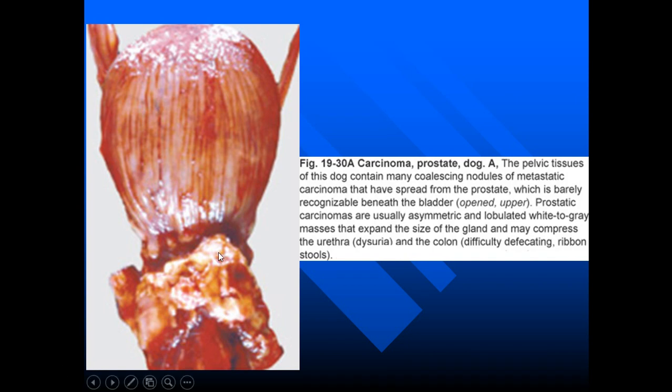This is the tumor mass, and the whitest part may represent some mineralization and even necrosis due to tumor invasion. It's easy to recognize compared with prostatic hyperplasia.